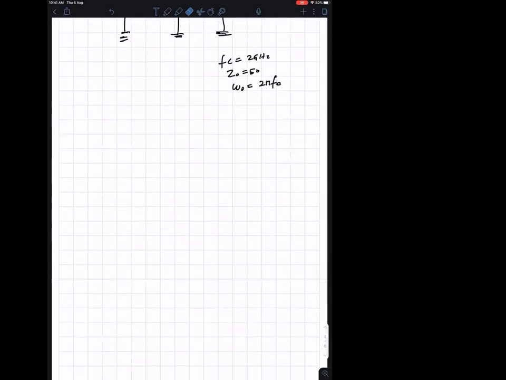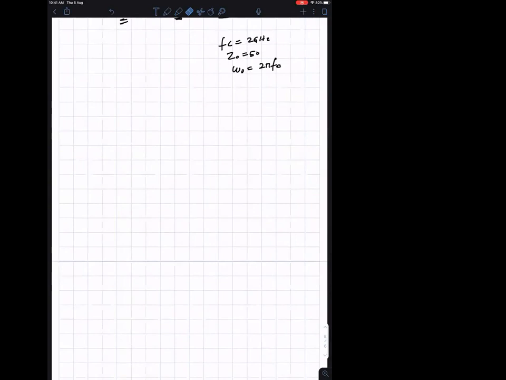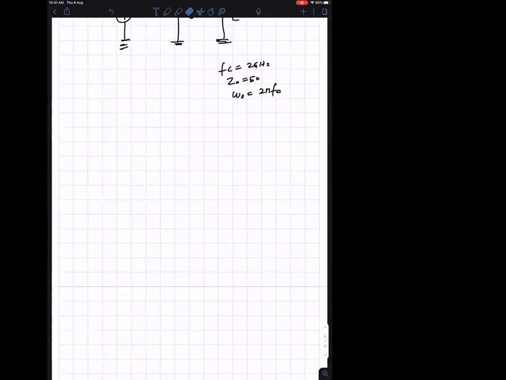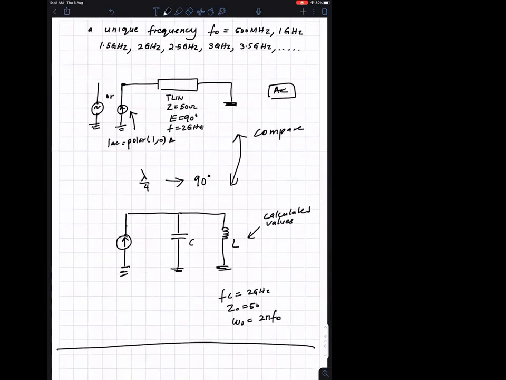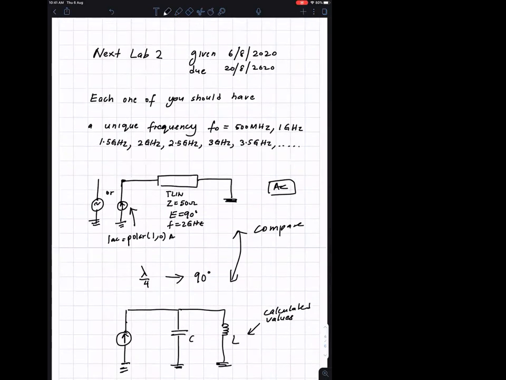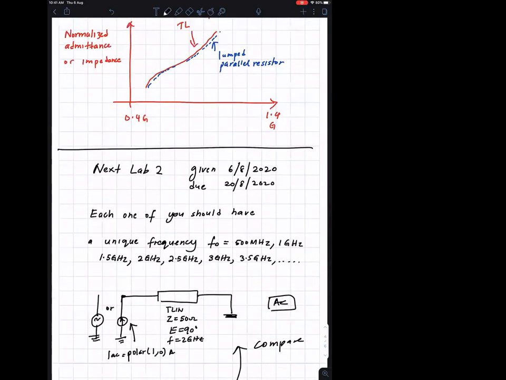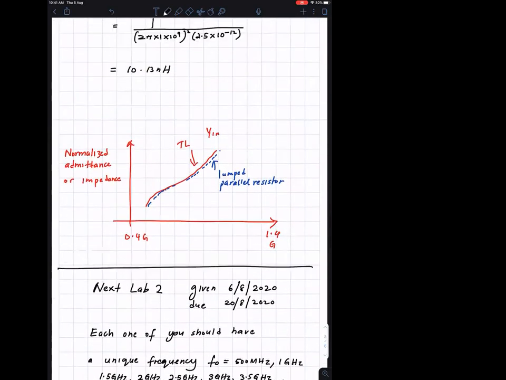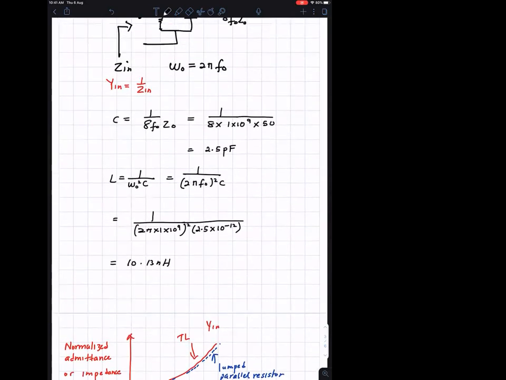Okay, let's continue with this. So the application. This is for the lab part. Now we're going to look at the application of this concept here.